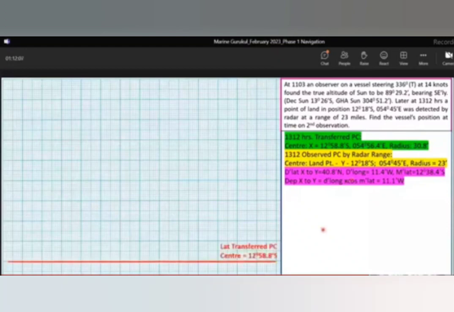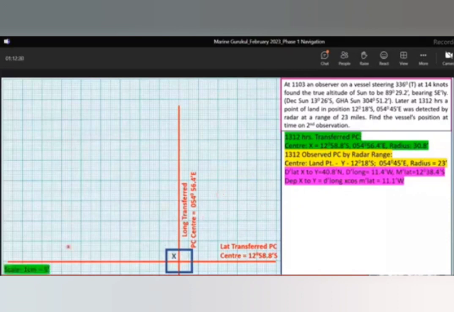First we have this latitude of X, that is the center of the transferred position circle. We have the longitude of X. Obviously this point is the point X, and what is point X? It is the center of the transferred PC. Now using a suitable scale, we have taken 1 centimeter representing 5 miles, because distances involved are slightly larger, like 23 miles and 30 miles.